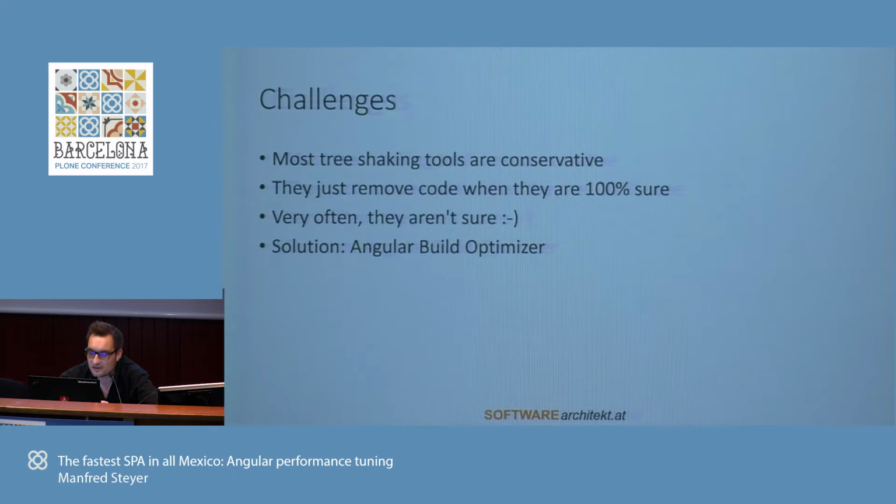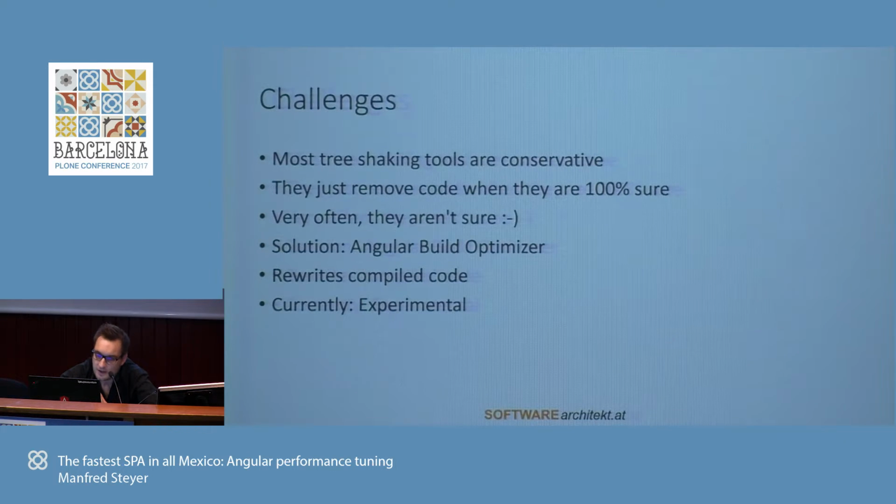One solution for this is the Angular build optimizer. The Angular build optimizer has been created by the Angular team, and it rewrites the compiled code in a way that helps to make it more tree shakeable. So it helps those tree shaking tools to find out which code is really needed and which code isn't.